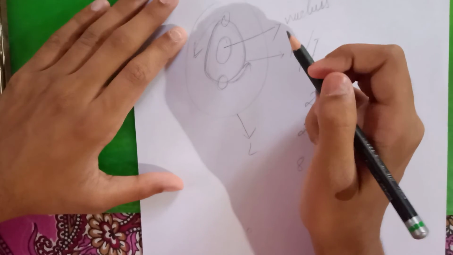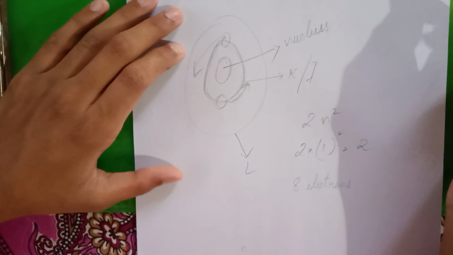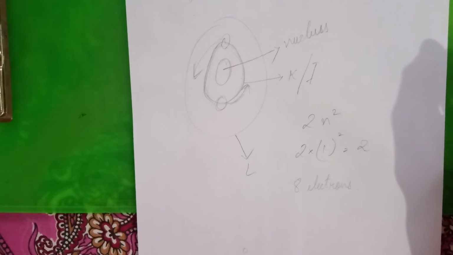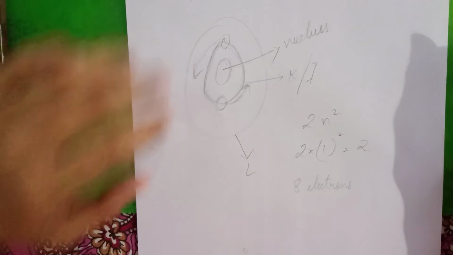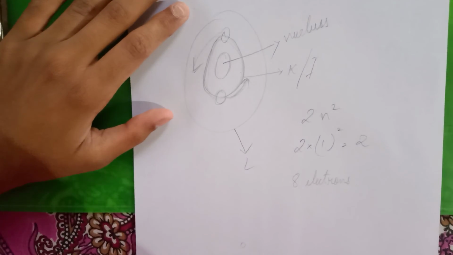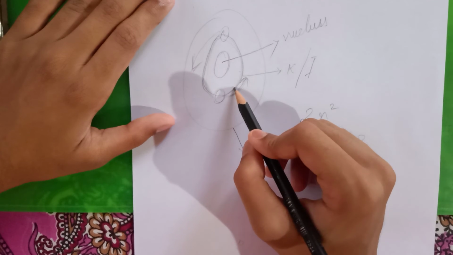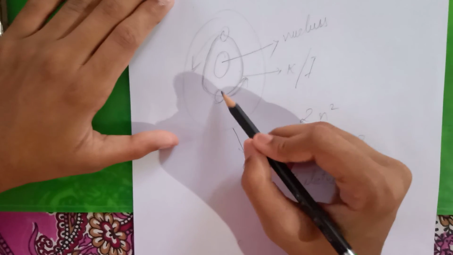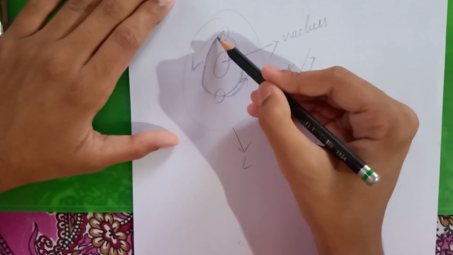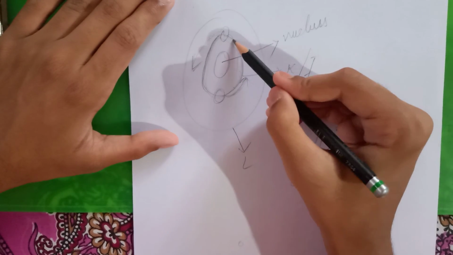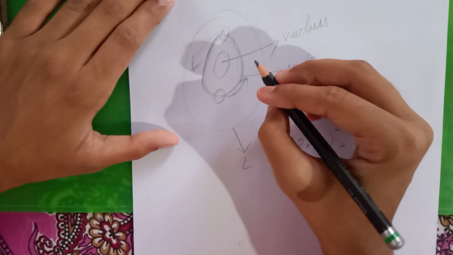Niels Bohr and his associate Bury made it clear that these are not just any levels; these are special energy levels in which, however they rotate, they do not radiate energy. That's all.